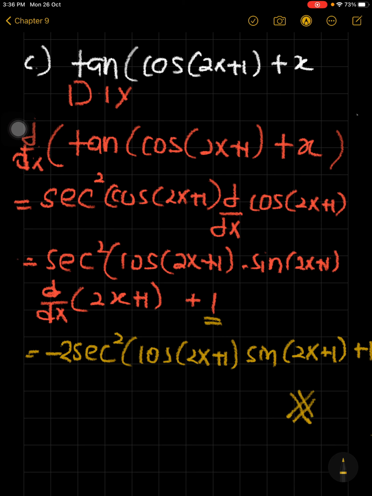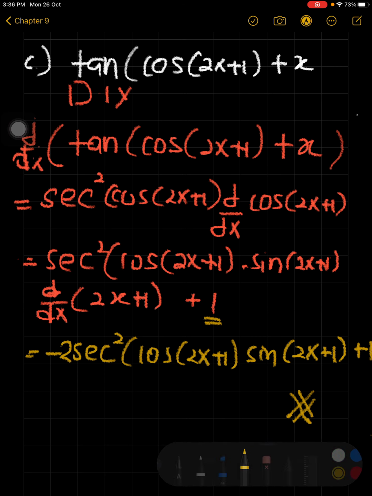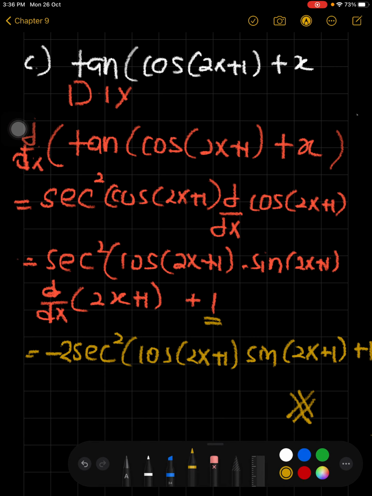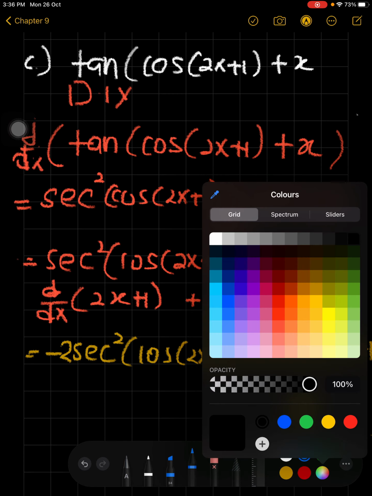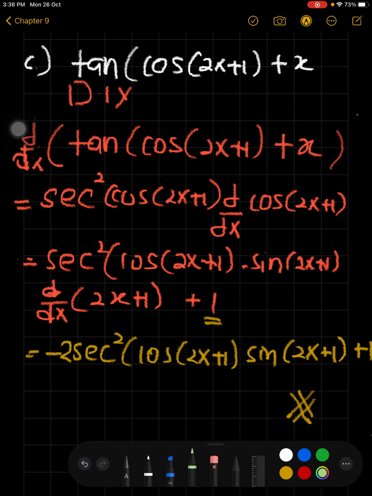Okay, done untuk mini subtopik 9.3 yang trigo. Okay, so kita pergi yang seterusnya.